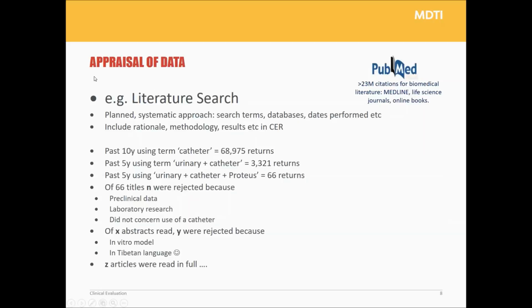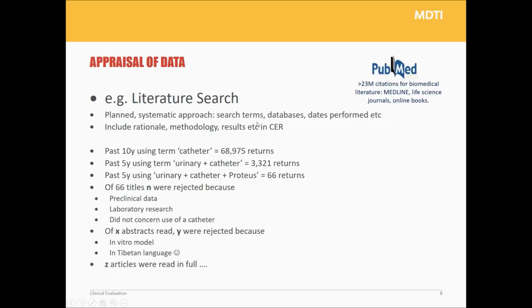So we've talked about appraisal of data, and I'm going to use a literature search as an example of this. And please know that your literature search must be pre-planned. It can be tweaked along the way, which very often happens. You might go down one route and then decide, oh no, I want to add on another search term or something. It must be systematic.